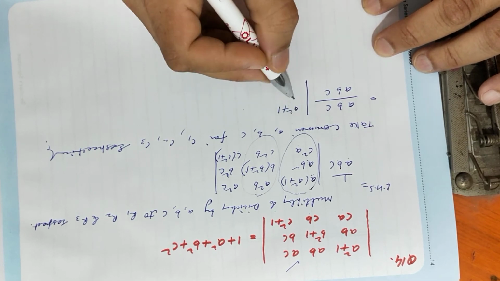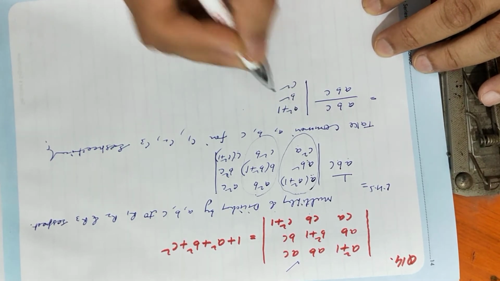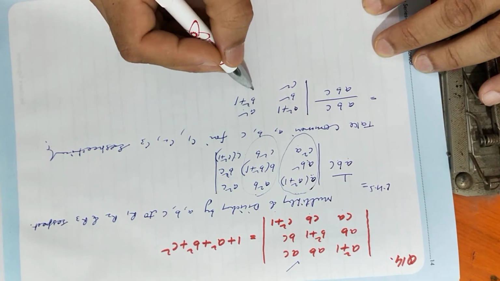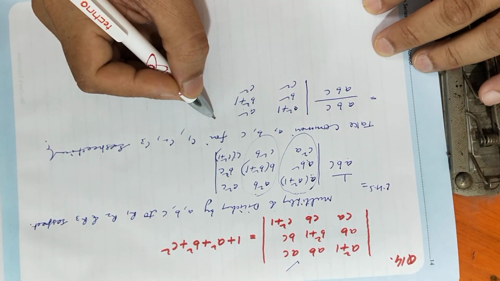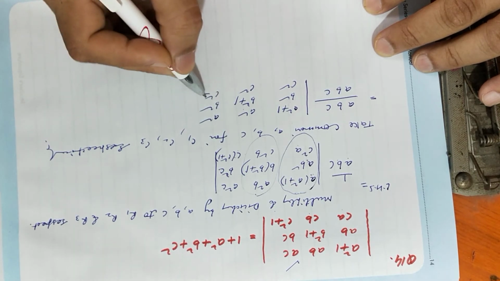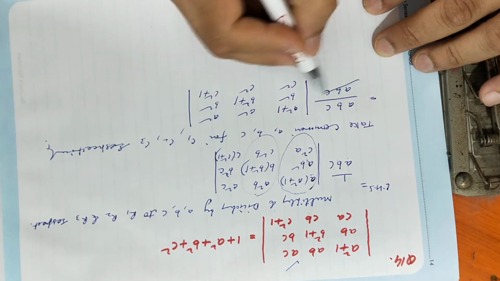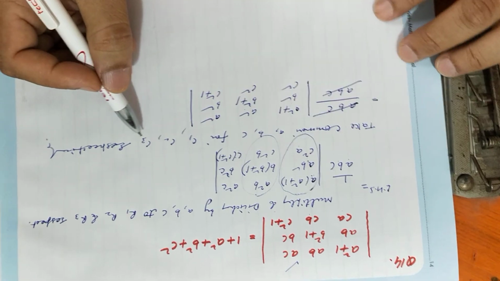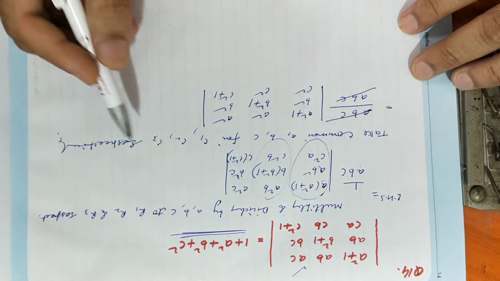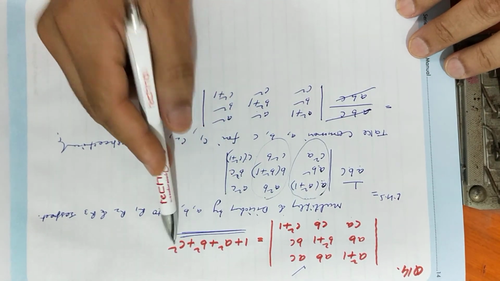What is left here: a square plus 1, b square, c square; a square, b square plus 1, c square; c we are taking common: a square, b square, c square plus 1. It is cancelled because of c. Now RHS is this: 1 plus a square plus b square plus c square.